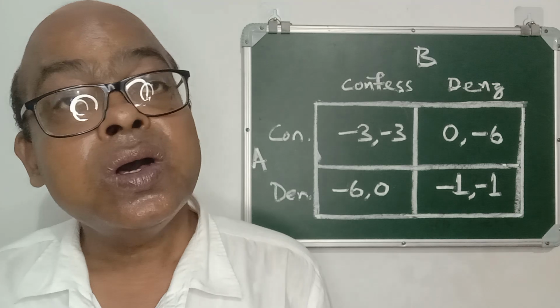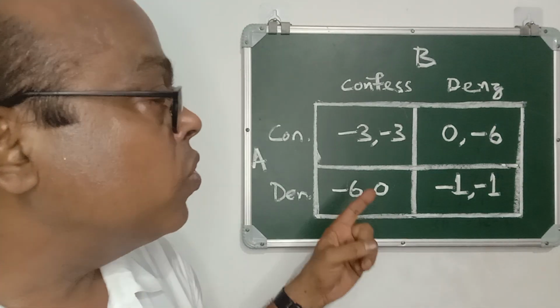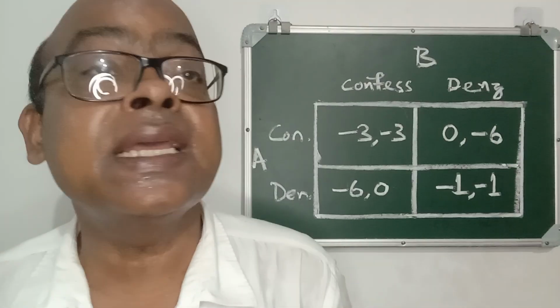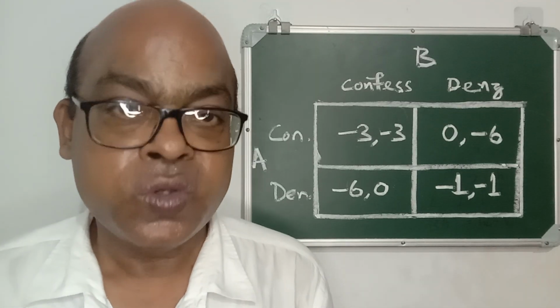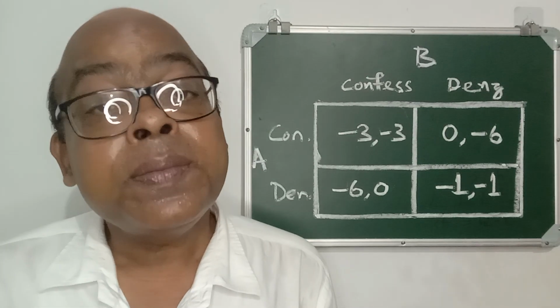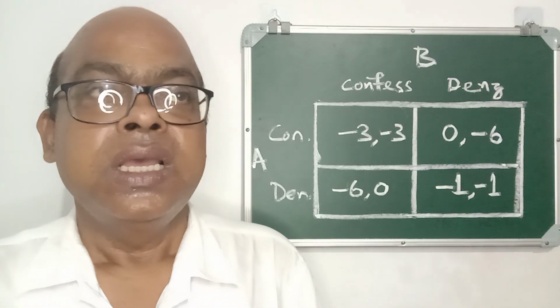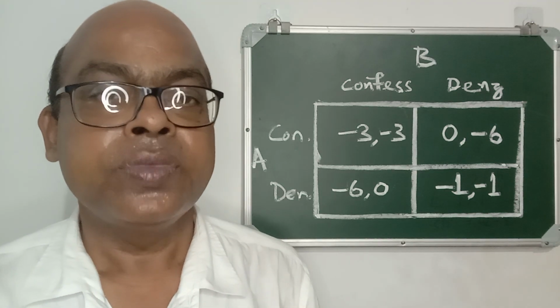So this is the problem with the prisoner's dilemma. We may not go for repeated games, it may be a one shot game. So what about repeated games then? I'll talk about these repeated games in the next video. Thank you.